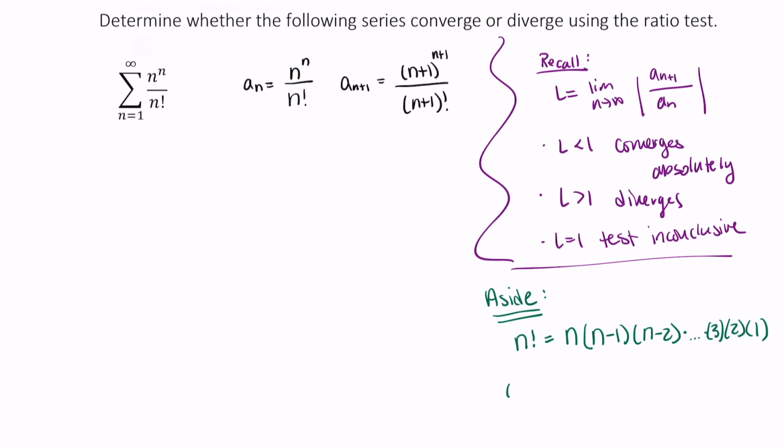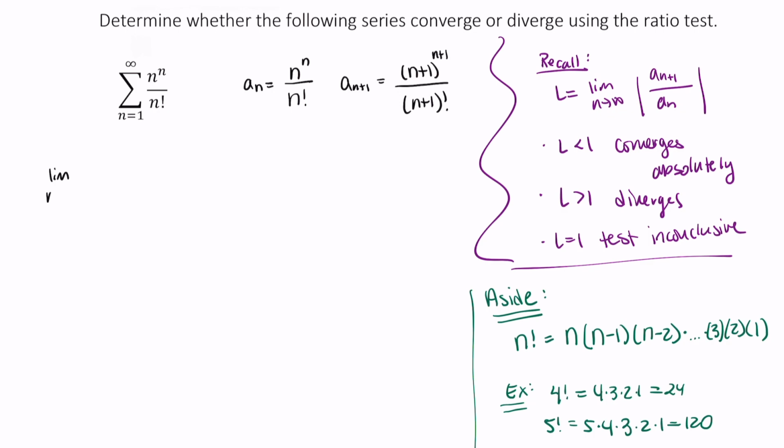So for example, 4 factorial is 4 times 3 times 2 times 1, which is 24. 5 factorial is 5 times 4 times 3 times 2 times 1, which is 120. So there are a couple examples. All right, let's continue with this.